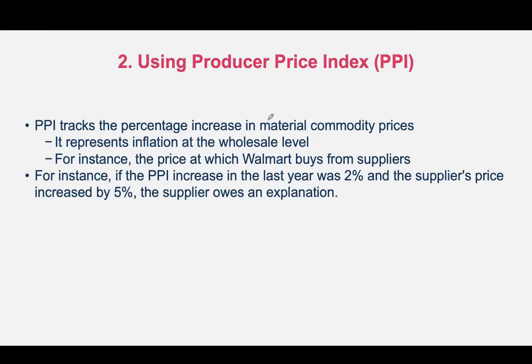The idea is that, for instance, if you figure out that the increase in PPI over the last year or last 5 years was 2%, and the supplier is increasing a price by 5% or 10%, then the supplier owes an explanation. In any case, PPI gives an indication of whether a price increase by a supplier is justified or not.